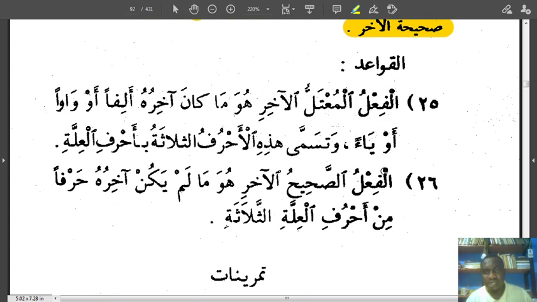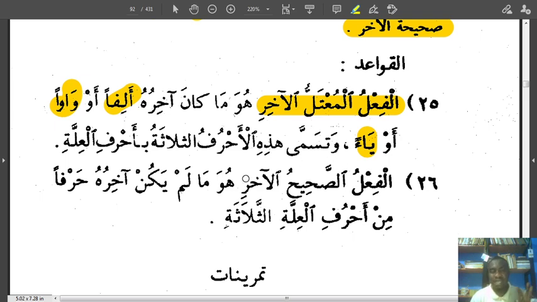Okay, now to the qaida. Al-qawaid, the grammatical rulings we can just pick from this. So after the whole lesson, these qawaid, you just need to memorize them or understand them very well so that you can easily re-say it even if it's not the same vocabulary. Okay, so it says al-fi'l al-mu'tal al-akhir, the verb that has weak ending or the weak ending verb, huwa ma kana akhiruhu, it is that whose ending is alifan aw wawan aw ya'an.